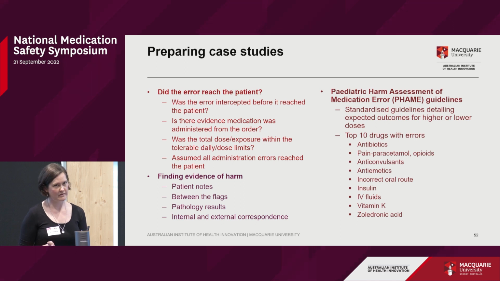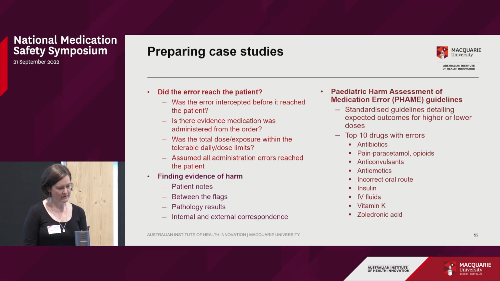We needed to look for evidence that the medication was actually administered from the order with the error. And often, even if it was administered, the total dose or daily exposure was below dangerous limits, and so these were not considered harm. And it was assumed that any administration error reached the patient.